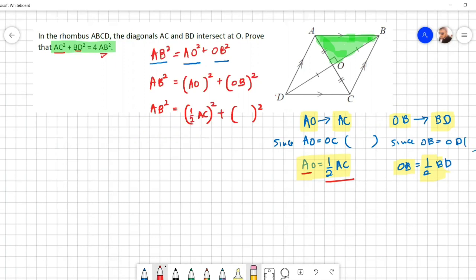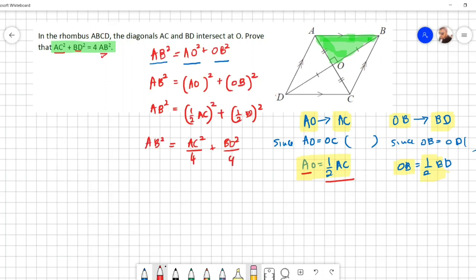Instead of OB, I'm going to put half BD. And when I simplify this, 1 squared is 1, AC squared is AC squared. So 1 AC squared, I can just write AC squared over 2 squared would be actually 4. So that becomes AC squared over 4 plus 1 squared is 1, BD squared is BD squared, so that becomes BD squared over 4, and I have AB squared.